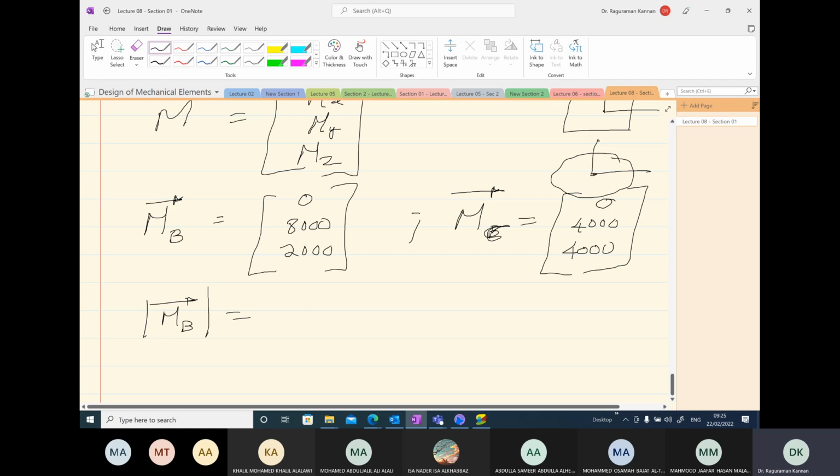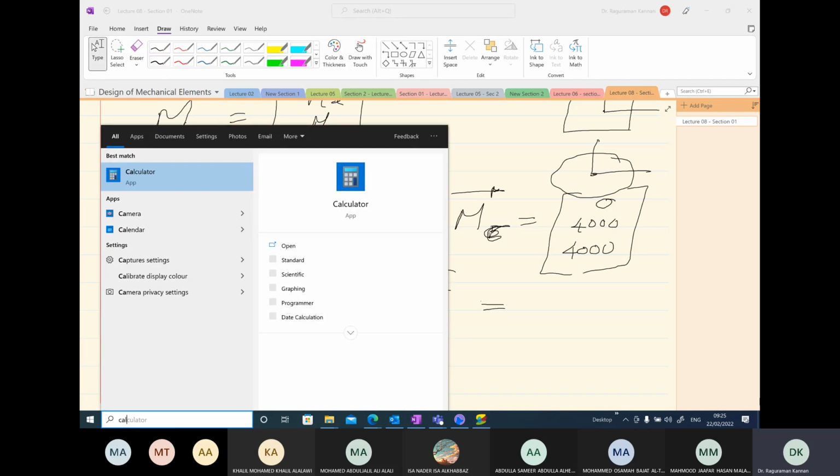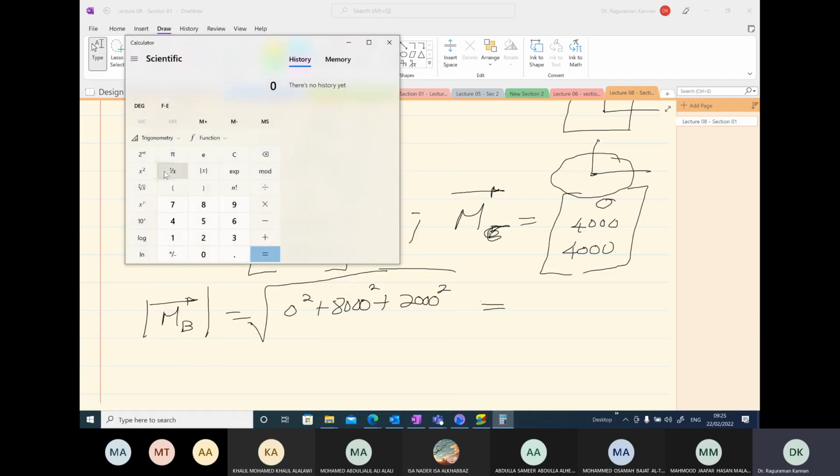How do I find the magnitude? You square and add the components, right? So we have 0 squared plus 8,000 squared plus 2,000 squared. We can use a calculator to figure it out.